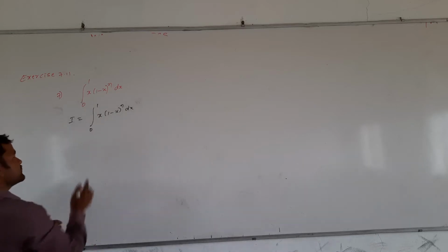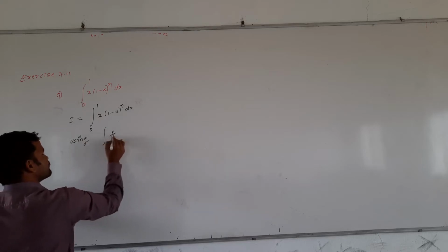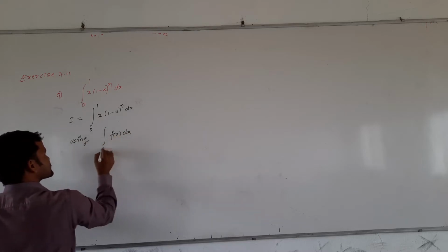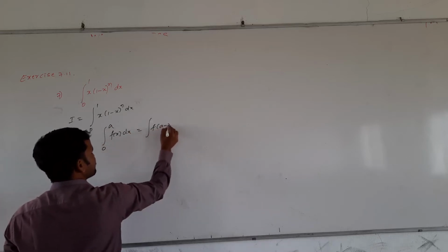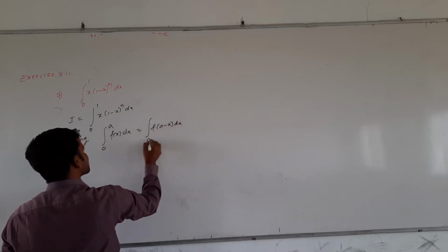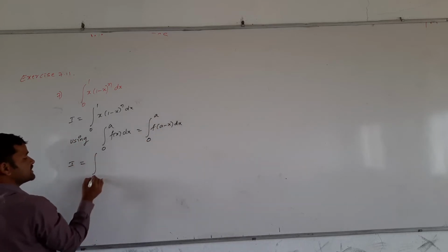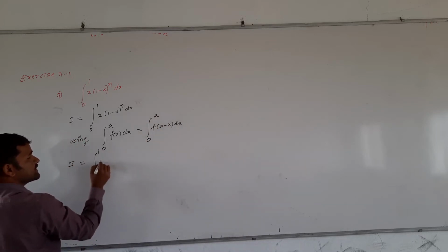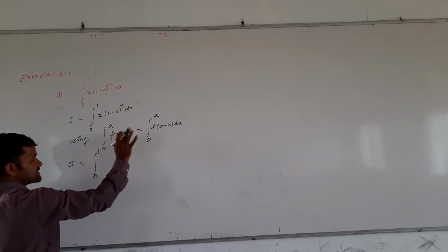Now I will use the property: integration of f of x with respect to x from 0 to a is equal to integration of f of a minus x with respect to x from 0 to a. Then I is equal to integrating from 0 to 1. Here a is there, x becomes a minus x.